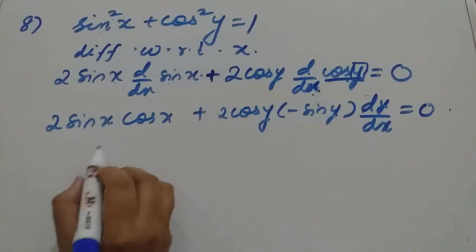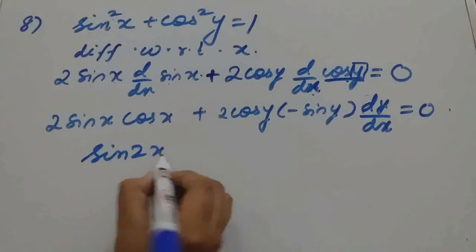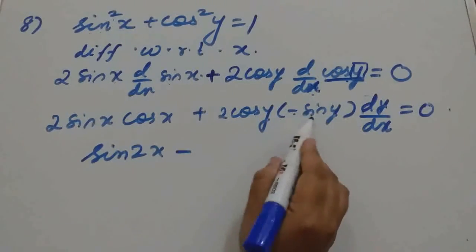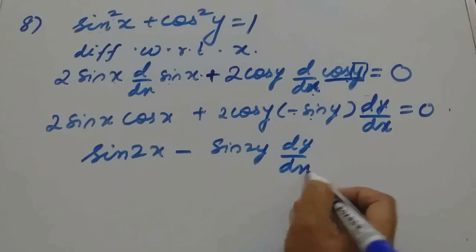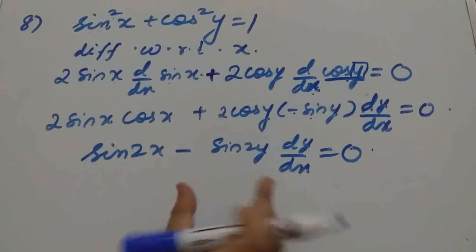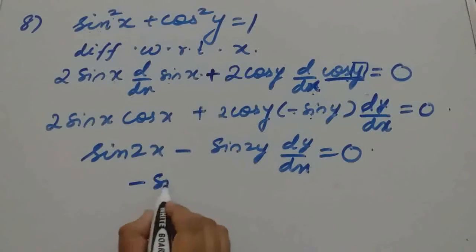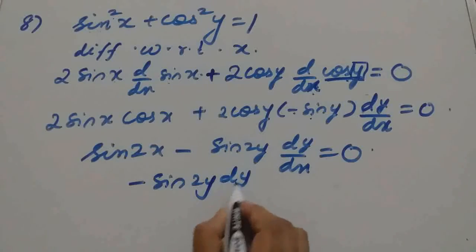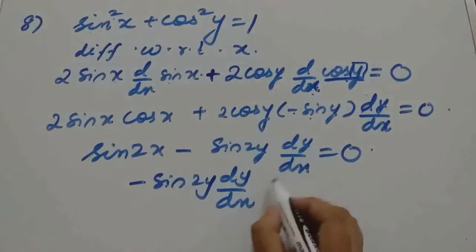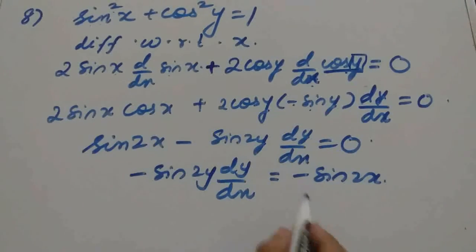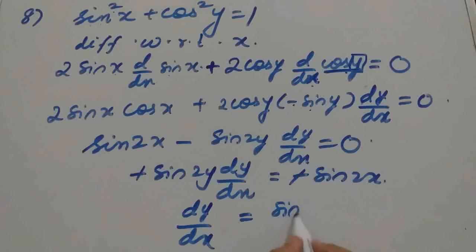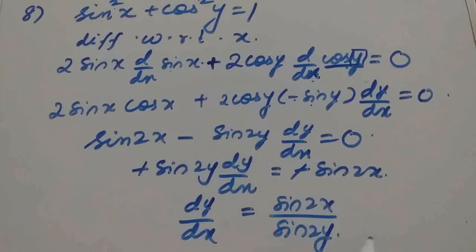So this will give the formula sine 2x plus minus minus, this also we can write sine 2y dy by dx equals to 0. So dy by dx term will keep here only. This sine 2x should go that side, minus sine 2x. Okay, so this minus will go, dy by dx is equal to sine 2x by sine 2y. This is your answer.